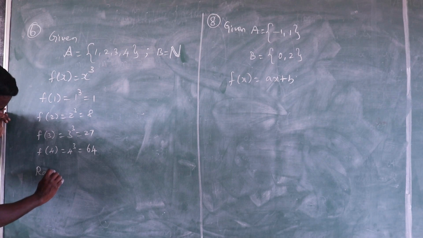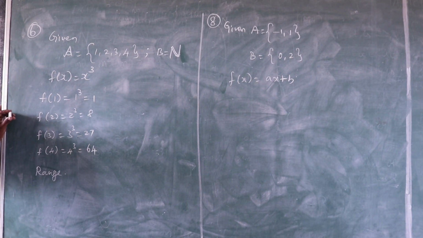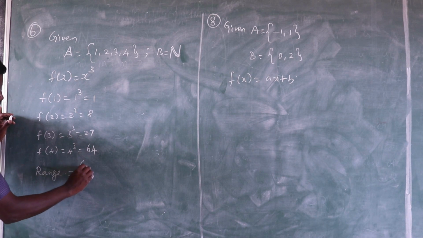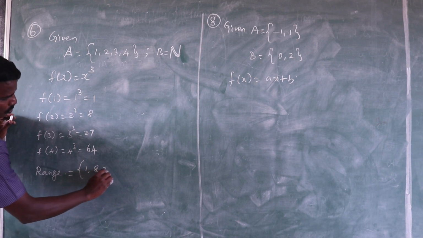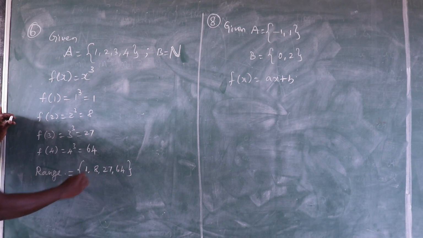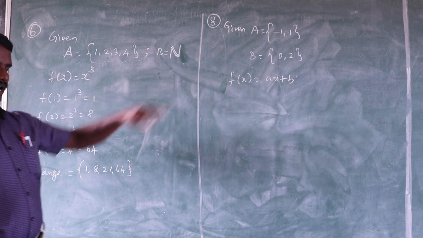So range means what are the values we get when we replace the given domain, in its codomain, called range, that is second set elements. So we have here 1, 8, 27 and 64. These are all the range. So 1, 8, 27, 64 only have here.